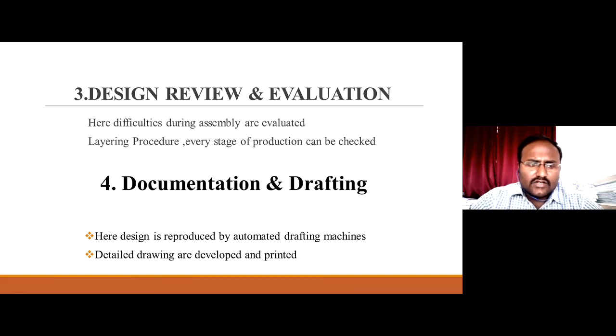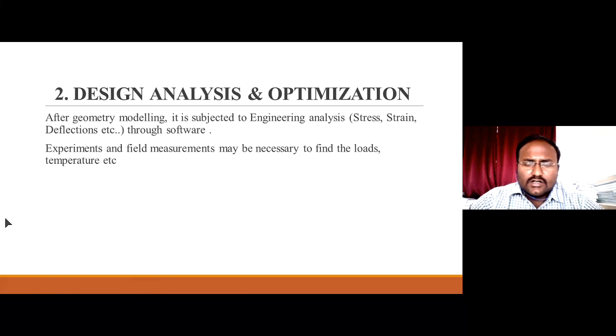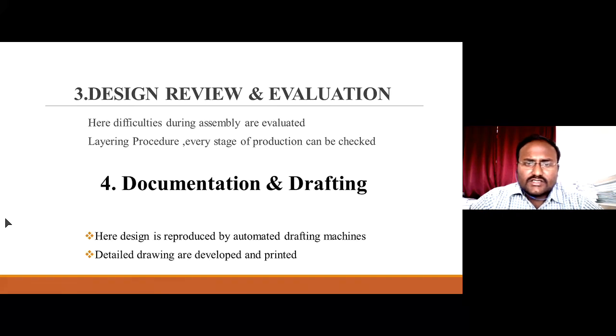Then we have to go through the design review and evaluation stages. Based on the result of design optimization, you have to do the design review. Then you have to do the evaluation of the process. Then finally you have to document all the details.